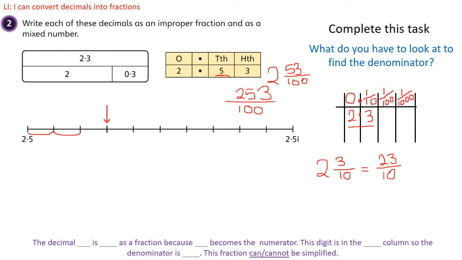So it's been split into 10 gaps, and we're going from 2.5 to 2.51. That's 1 more hundredth in there. Have a go at that one. Think about what it's going up in. Then you can work out what this arrow is here, the value of that, and then use your place value chart like we've done before.